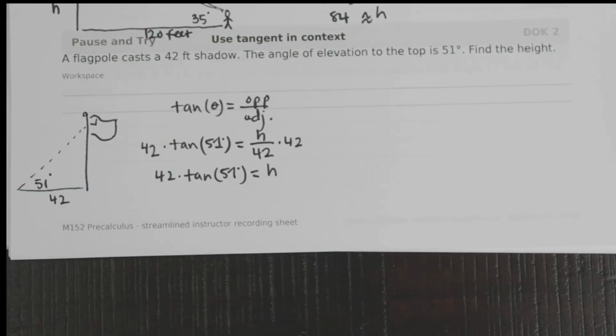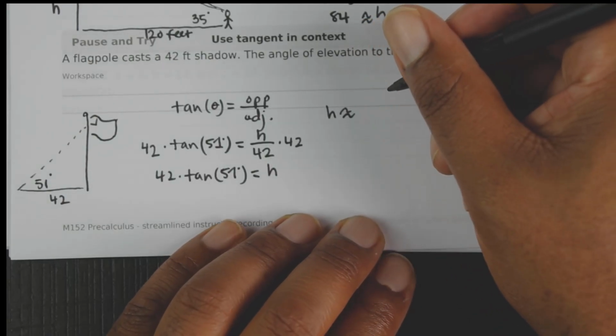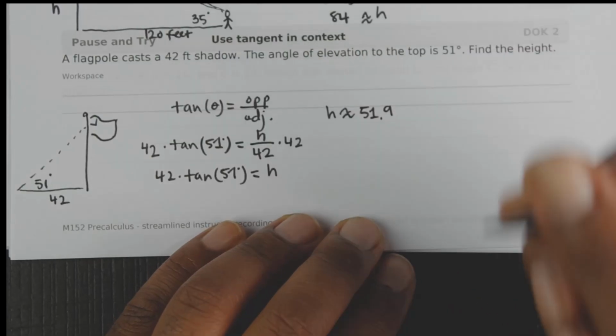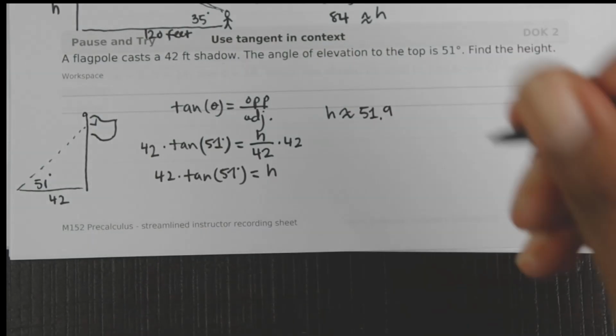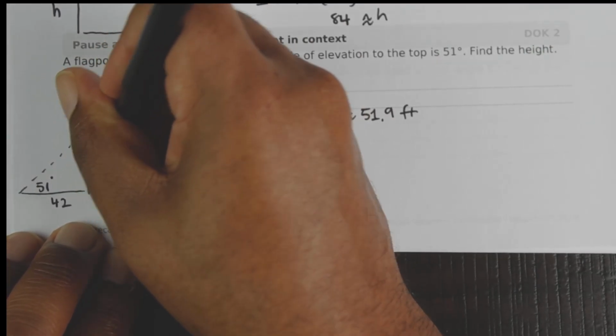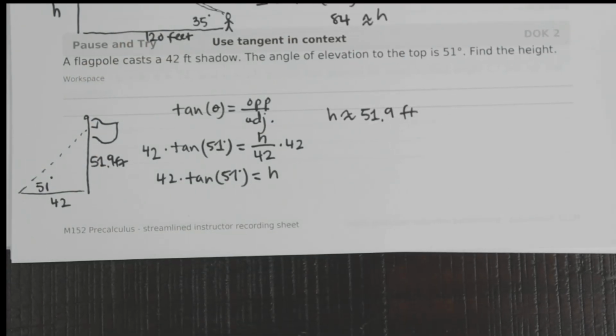Using a calculator to compute that, h is approximately 51.9. So the flagpole is about 51.9 feet tall.